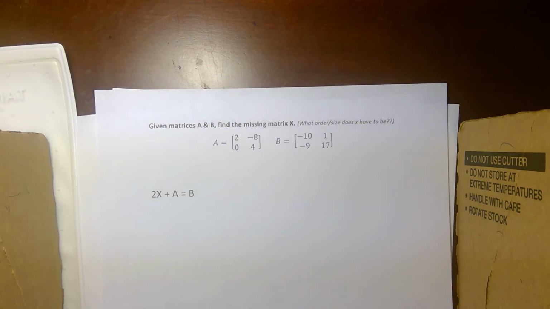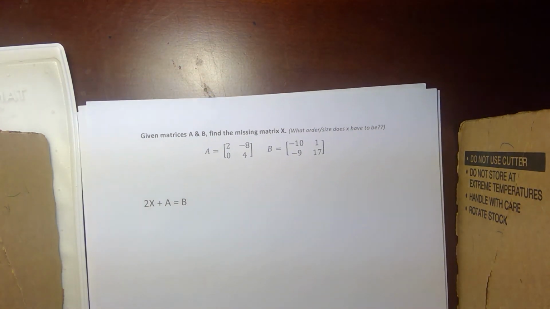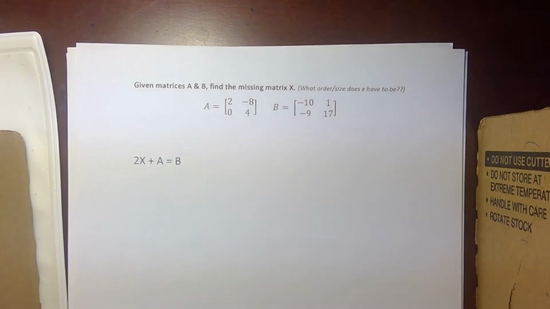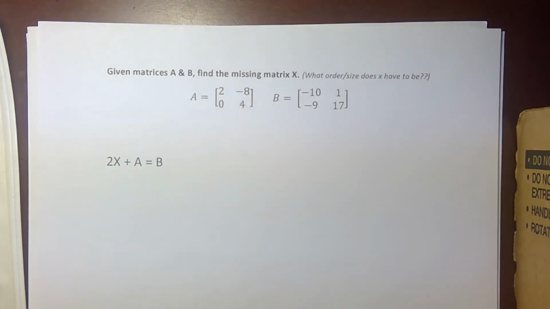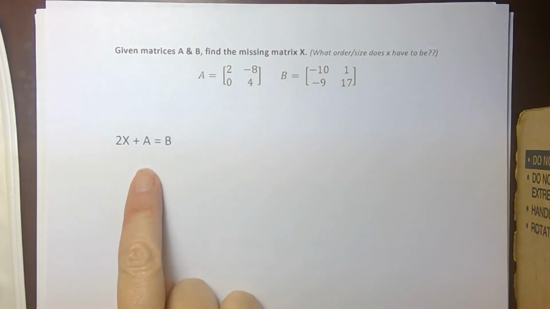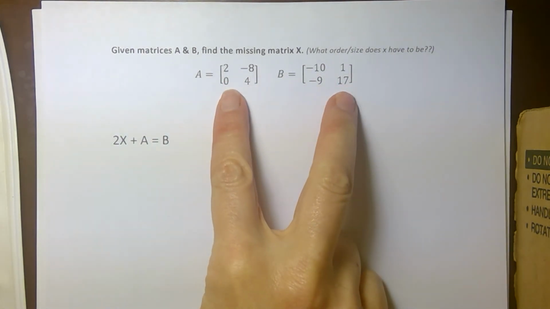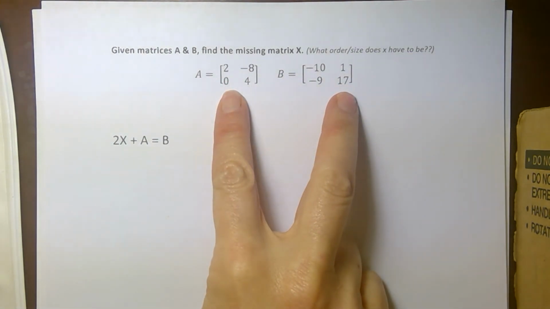All right, our last type of problem that we're going to consider is finding a missing matrix. To find the missing matrix, I'm going to do a little bit of arithmetic. I'm going to do some algebra and solve for x. I've been given matrices A and B, and I need to find x. X is missing.